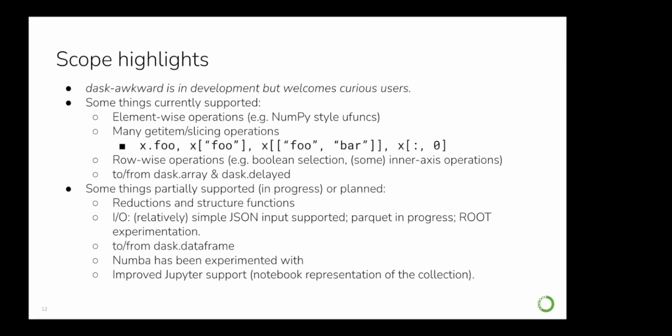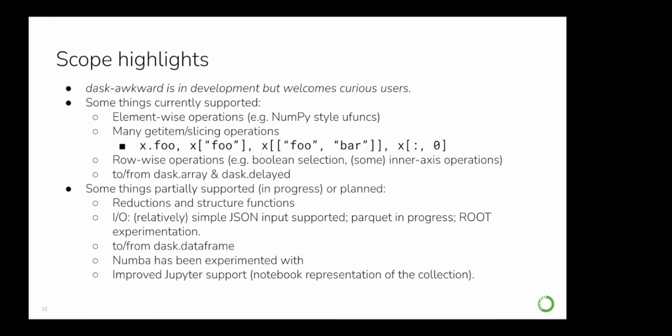Selecting a list of strings will work. Using an empty slice to grab all elements along the outer dimension, but then give me the 0th component on the first inner dimension, that's the last example there. Operations like that work.